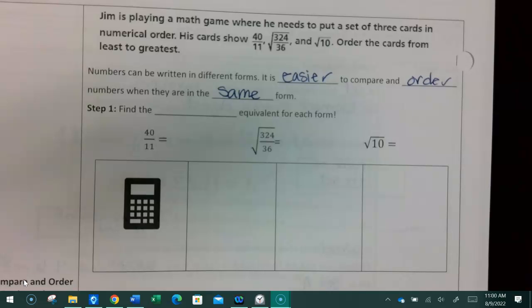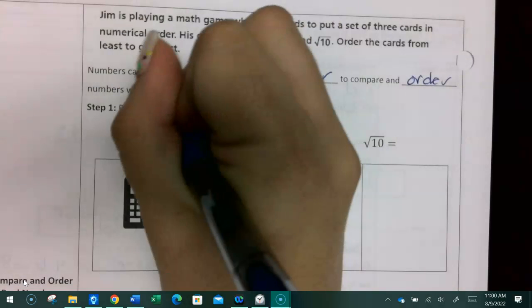Okay. So I want to find the decimal equivalent for each form.